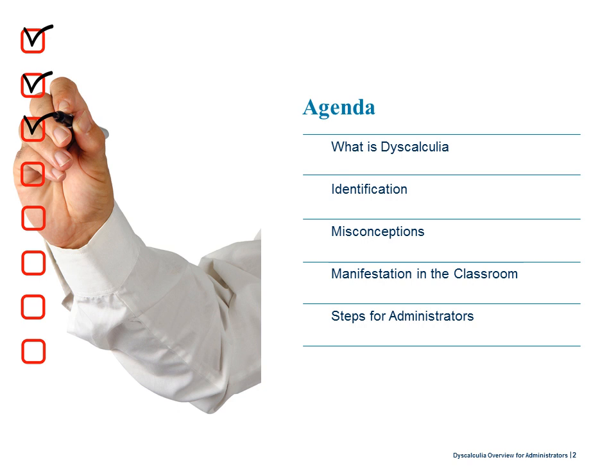But what we're going to do today is define what it is, talk about how students are identified, cover some misconceptions that you might hear about dyscalculia, and then talk about how you might see this manifesting itself in the classroom. And then finally, we'll end with steps that you as administrators can take to really help support the teachers and the kids in the classroom.